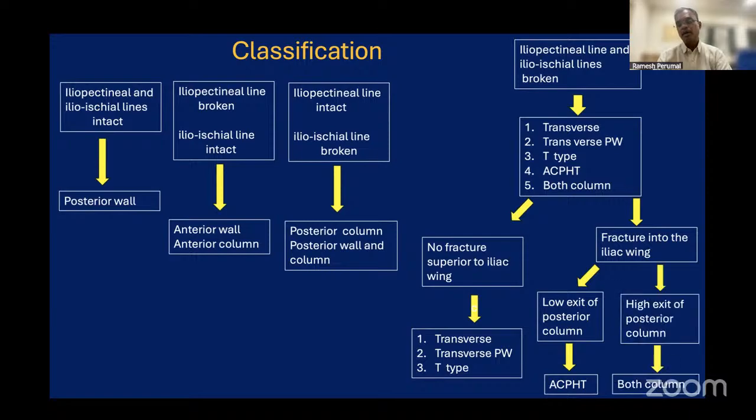When there is a high exit of the posterior column along with the spur sign, it is diagnosed as a both column fracture. Also, in the obturator view you can see the classical spur sign where there is a dissociation of the weight bearing axis. Hence, to conclude, you can see this algorithm.